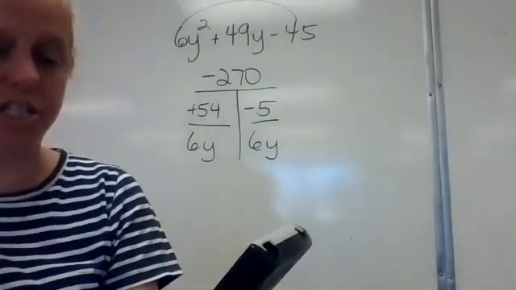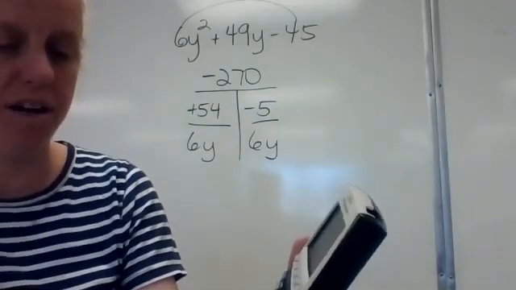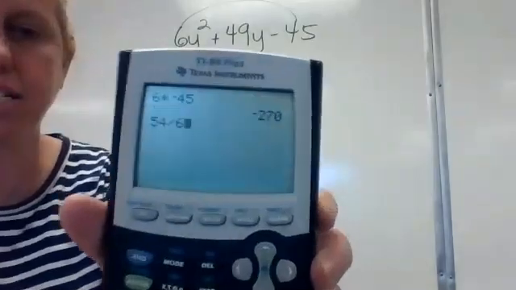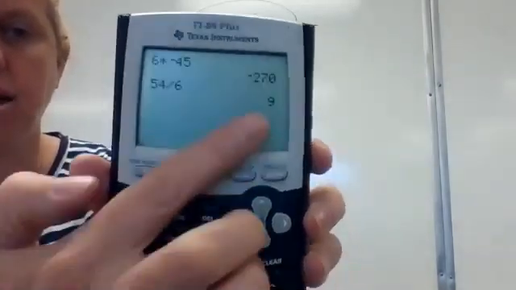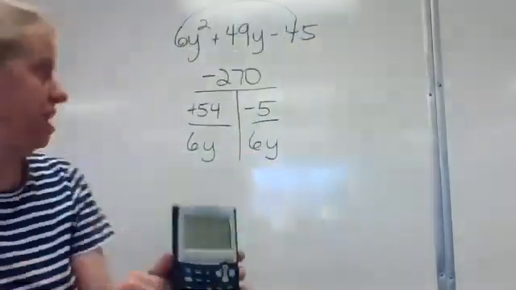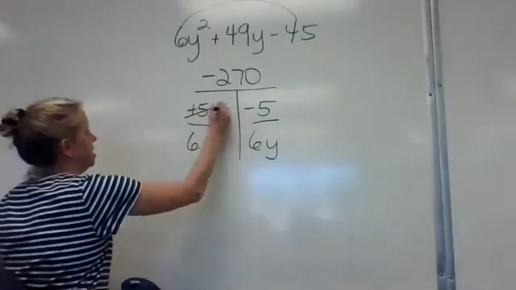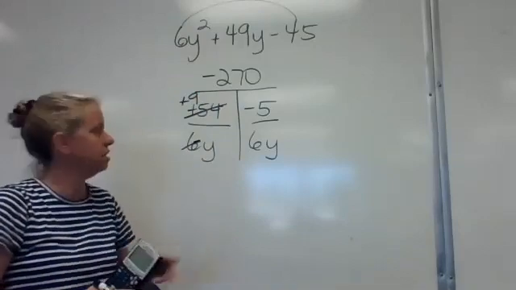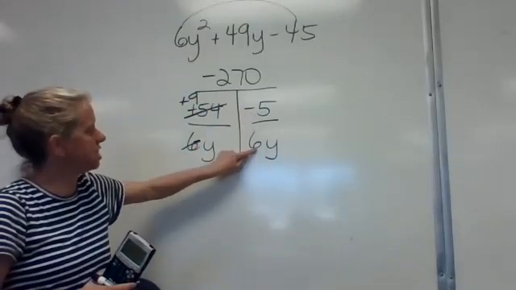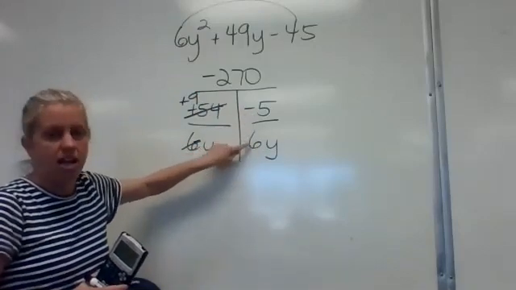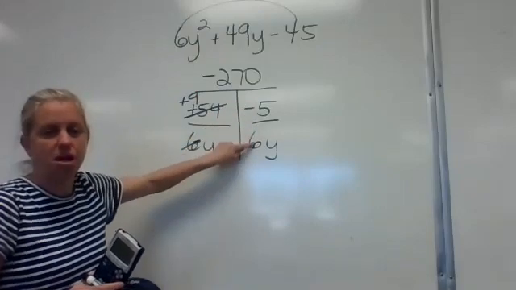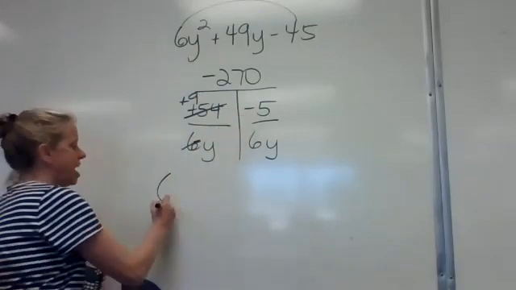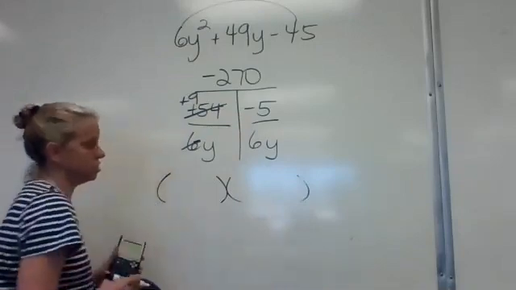If you're not sure, just divide that in your calculator. 54 divided by 6. Okay, so it reduces to 9. So that's going to end up being positive 9. Does negative 5/6 reduce? That doesn't reduce, right? That's in its simplest form. That takes you straight to your answers.